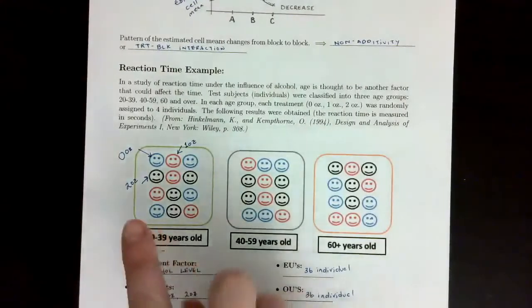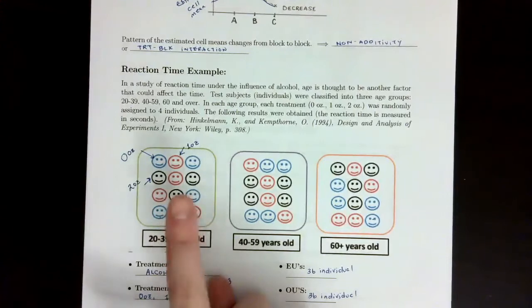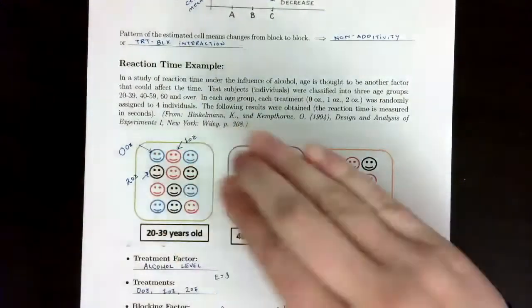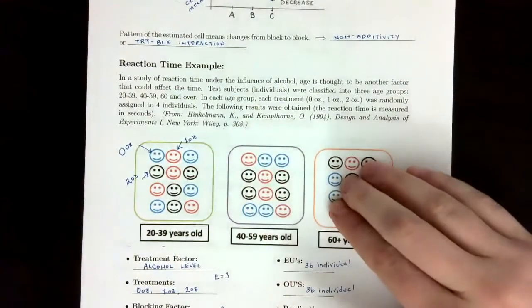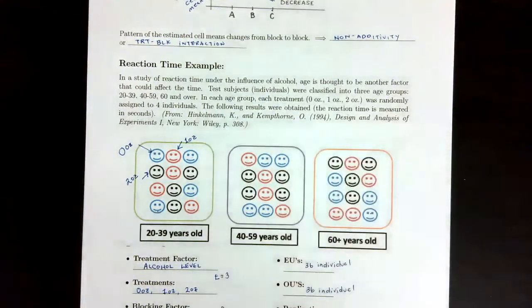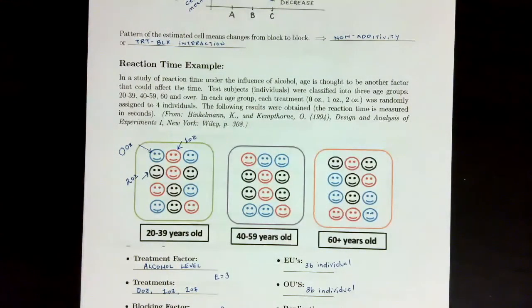Again, this is a generalized random complete block design. If we, let's say we only had these 3 people, these 3 people, and these 3 people, so getting rid of the people I'm covering with my fingers, then it would just be a random complete block design because it would only have 1 treatment in each block.